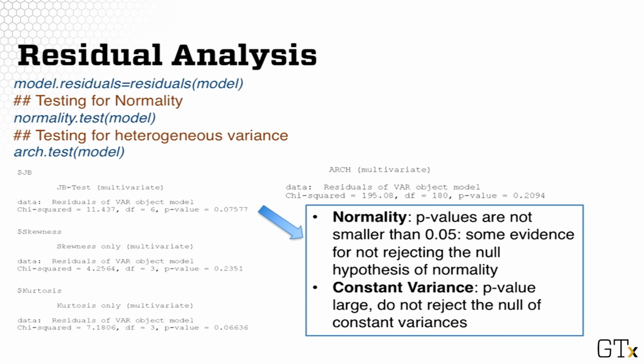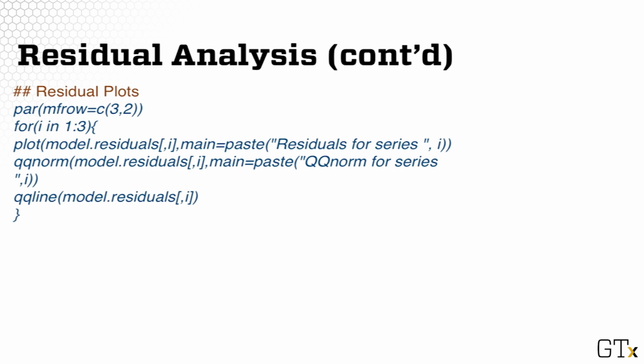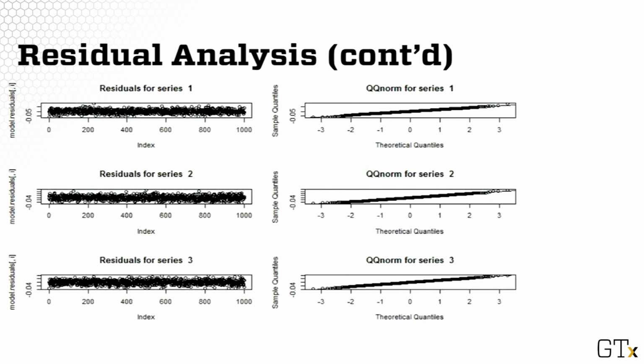Similarly, for the arch test, the p-value is large, indicating that we do not reject the null of constant variance. We can also plot the residuals. Here I'm looping over i from 1 to 3 and plotting the residual plot and the normality probability plot for the residuals of each of the three regressions. Here are the plots. There is no departure from constant variance or normality, as also provided by the testing procedure from the previous slide.